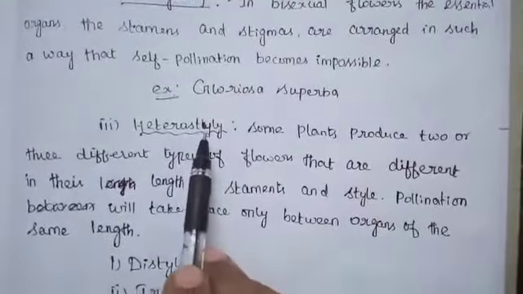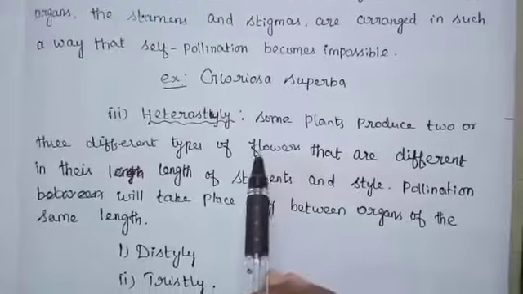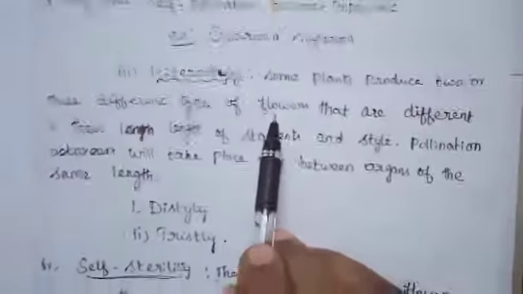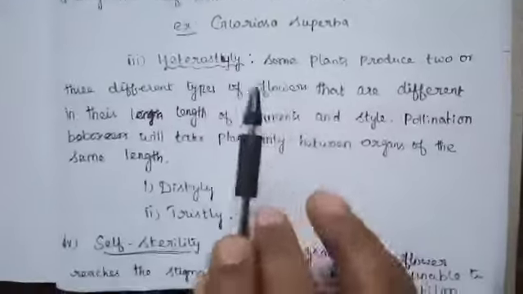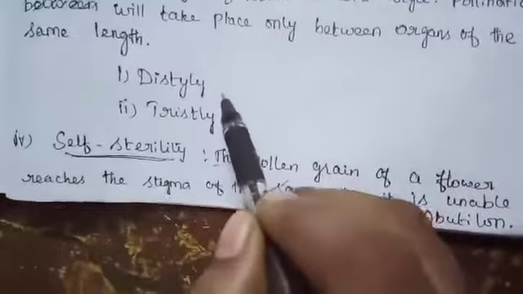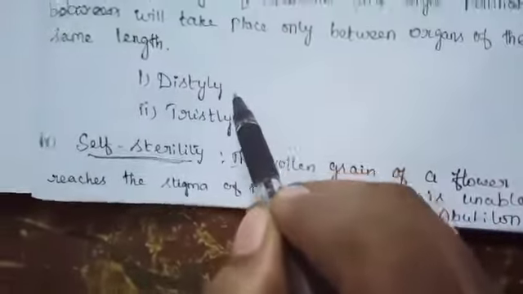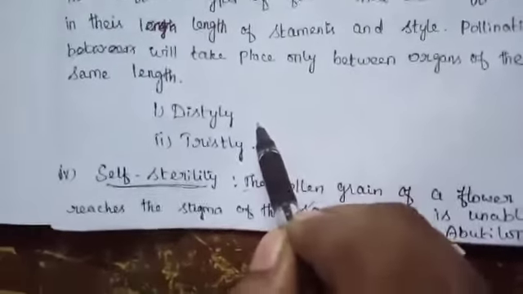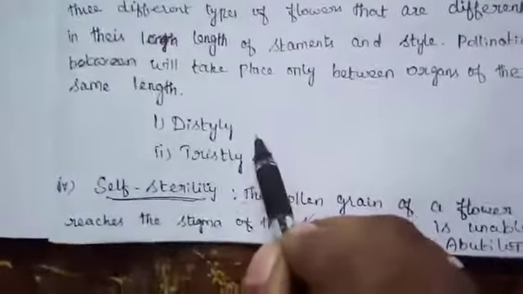Then heterostyly. Some plants produce 2 or 3 different types of flowers that differ in the length of the stamens and style. There are 2 types of heterostyly, distyly and tristyly. Distyly: the plant produces 2 forms of flowers. One has a long style, short stamens and small pollen grains.